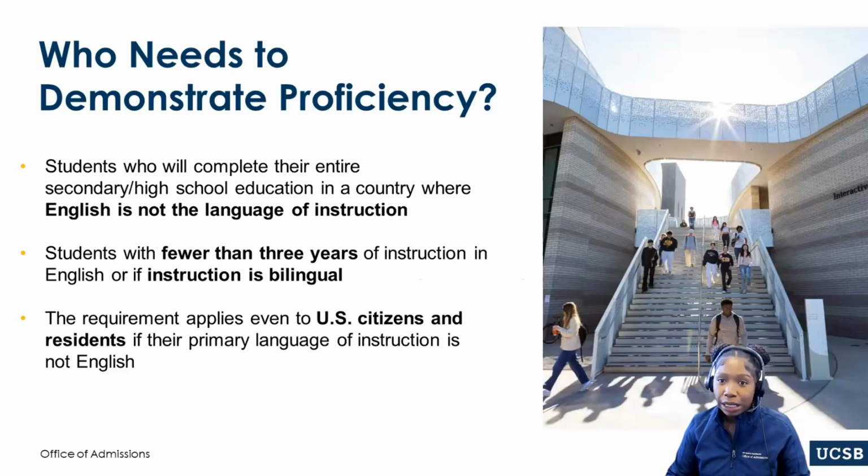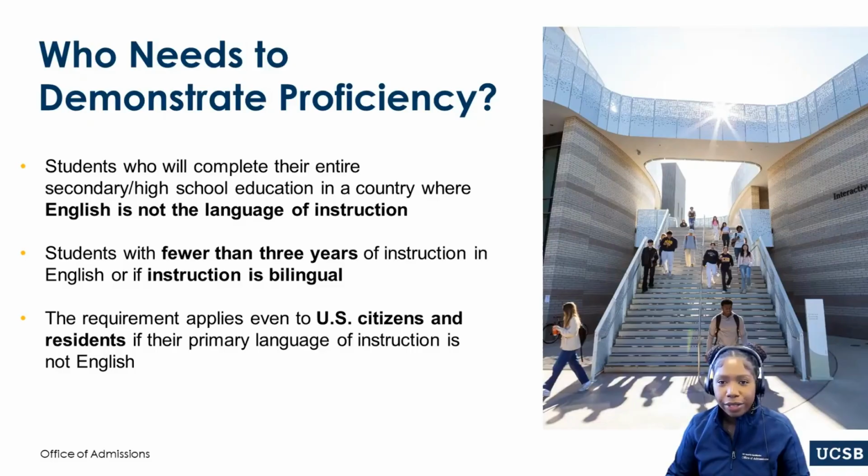Let's talk about who needs to demonstrate English proficiency. Students who complete their entire secondary or high school education in a country where English is not the primary language of instruction are required to demonstrate proficiency. This also applies to students who have fewer than 3 years of instruction in English or whose instruction has been bilingual.